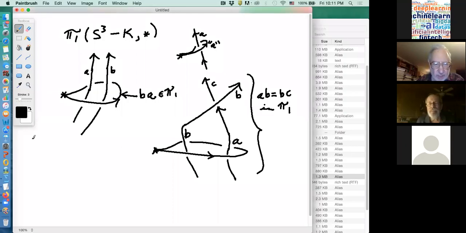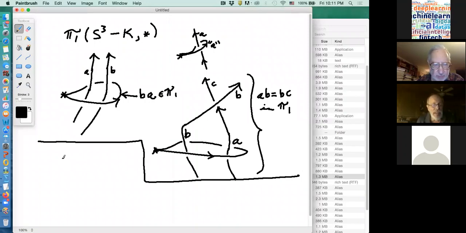So that means that we have two basic relationships in pi 1 that we can write down. One for the crossing that's oriented in a positive way, with an A here, and a B here, and a C there, and another for a crossing which is oriented negatively, which I like to write this way.